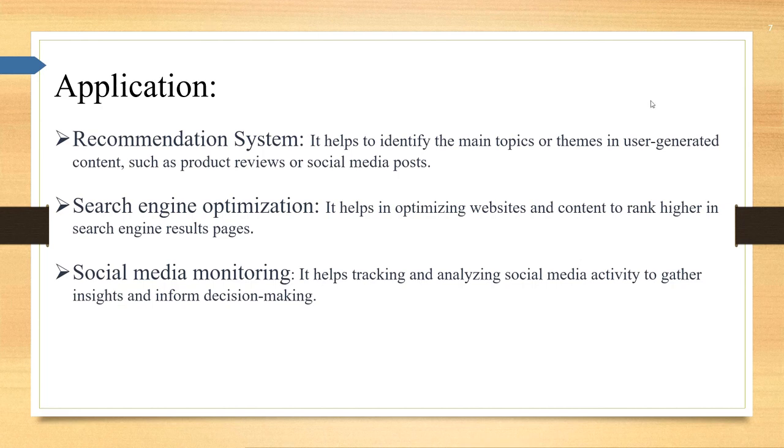So let us have a look at the real life applications of the topic identification system. The first one is the recommendation system. It basically helps to identify the main topics or themes in user generated content, such as product reviews or social media posts. For example, on any social media platform such as Facebook or Twitter, when a user tweets or puts up a post, it categorizes each post into particular categories such as a brand or clothing items.